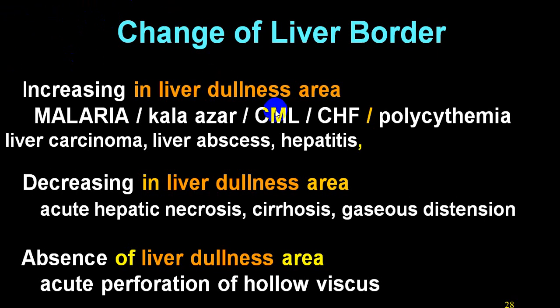Then in case of chronic myeloid leukemia, severe congestive heart failure, liver carcinoma like hepatoma, or secondary metastasis in liver, a massive liver abscess like amoebic liver abscess or pyogenic liver abscess, and occasionally in case of hepatitis, particularly viral hepatitis, what we call viral hepatitis A. In case of polycythemia, it is enlarged but may not be massively enlarged.